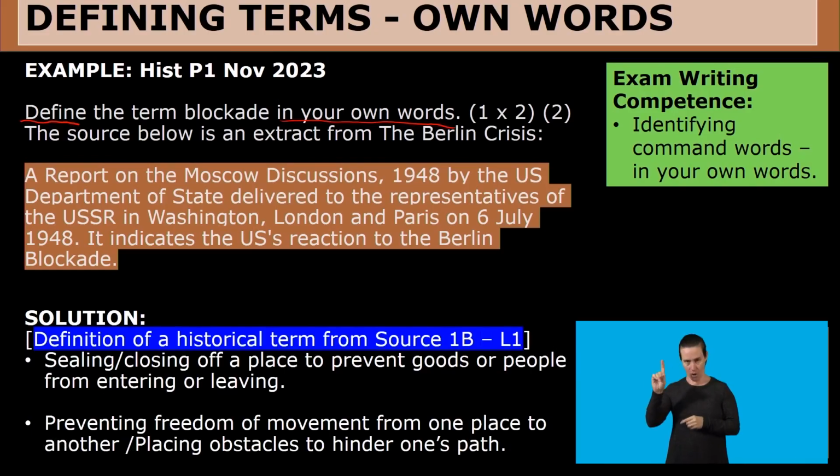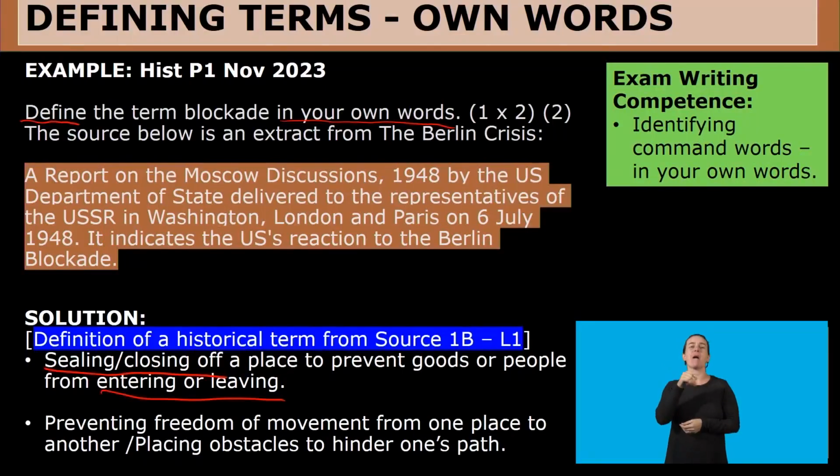Now this is the expected answer to the problem. It could mean sealing or closing off a place to prevent goods or people from entering or leaving. So that shows understanding of the concept of blockade. It could also mean preventing freedom of movement.